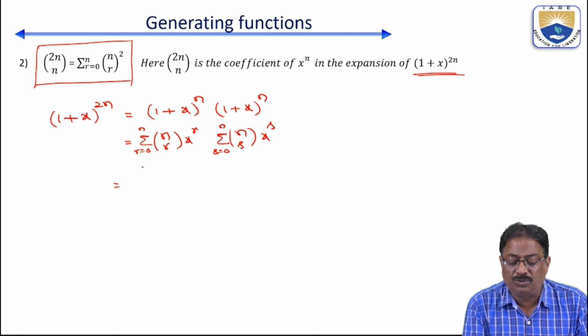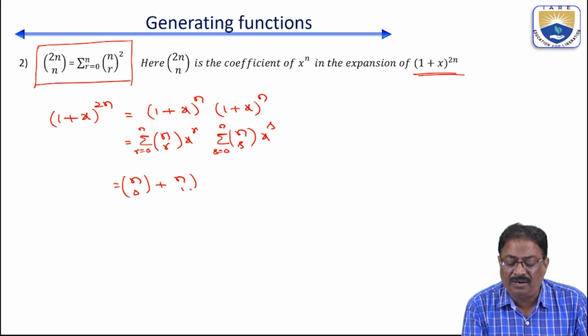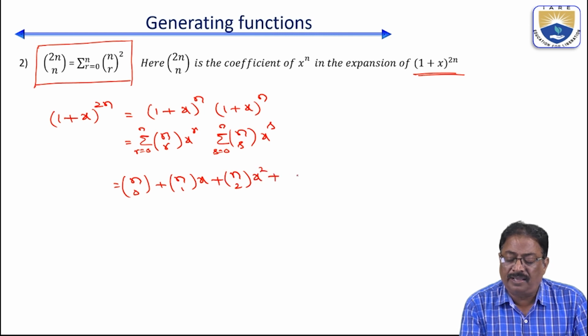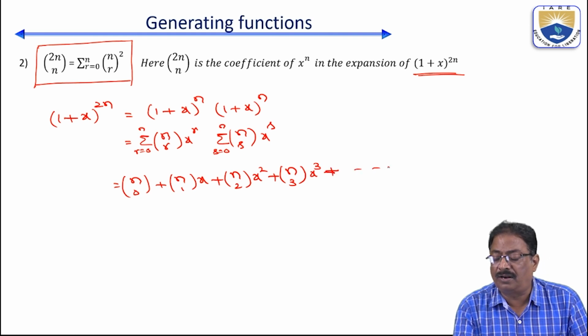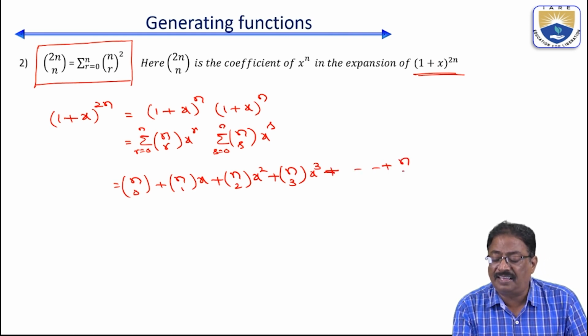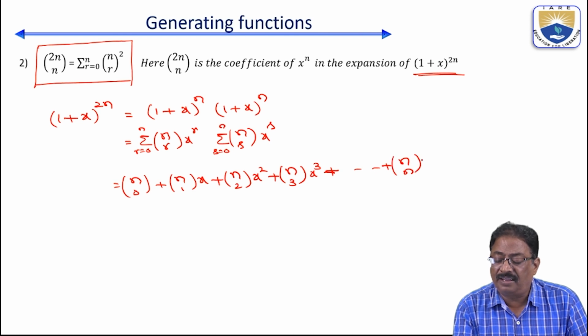If I substitute, I get nC0, then nC1 x, nC2 x squared, nC3 x cubed, and so on, the last one being nCn x power n.